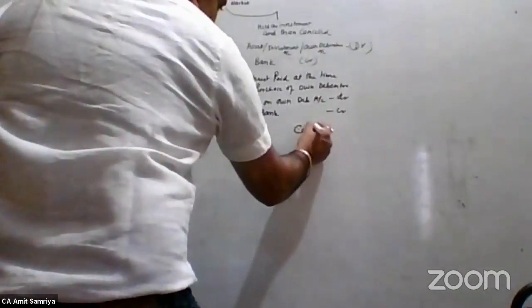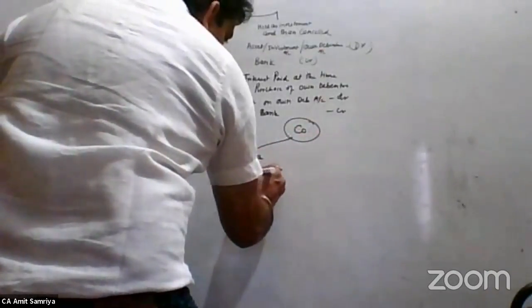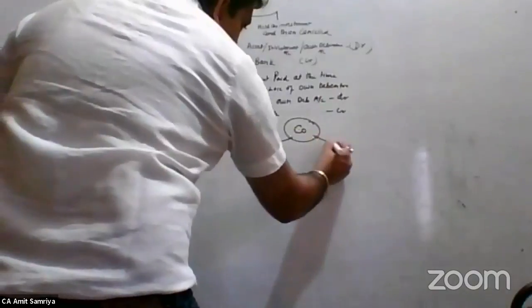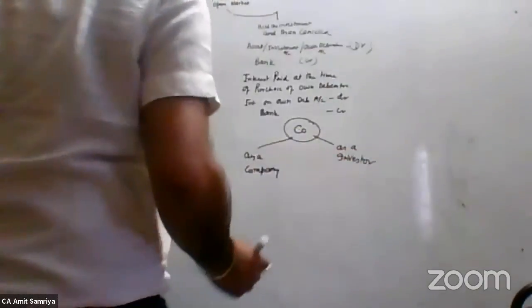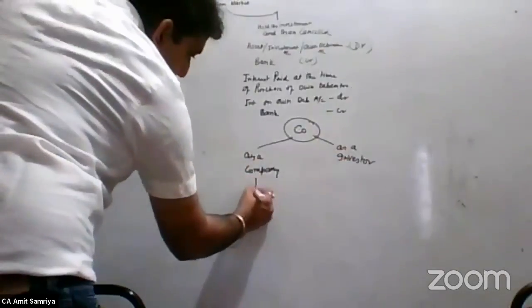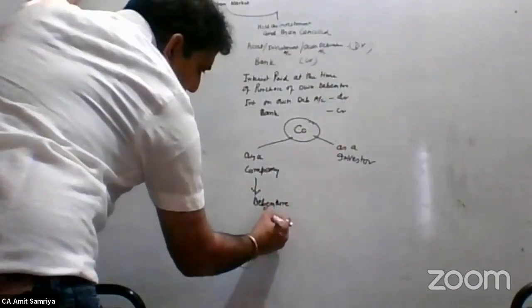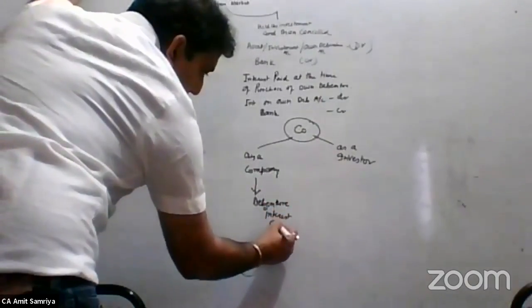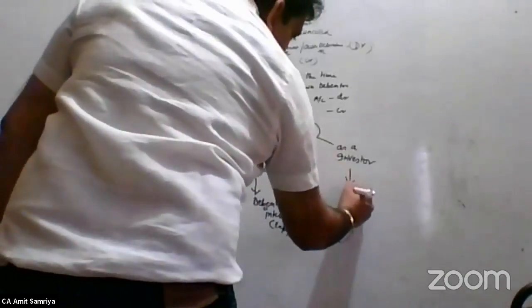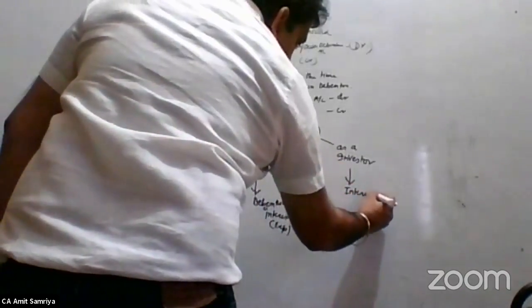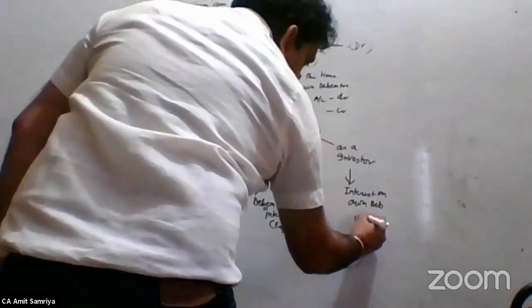Now the company is divided into two parts: company as a company, and company as an investor. For the company as a company, debenture interest is an expense, and for the company as an investor, interest on own debenture is income.